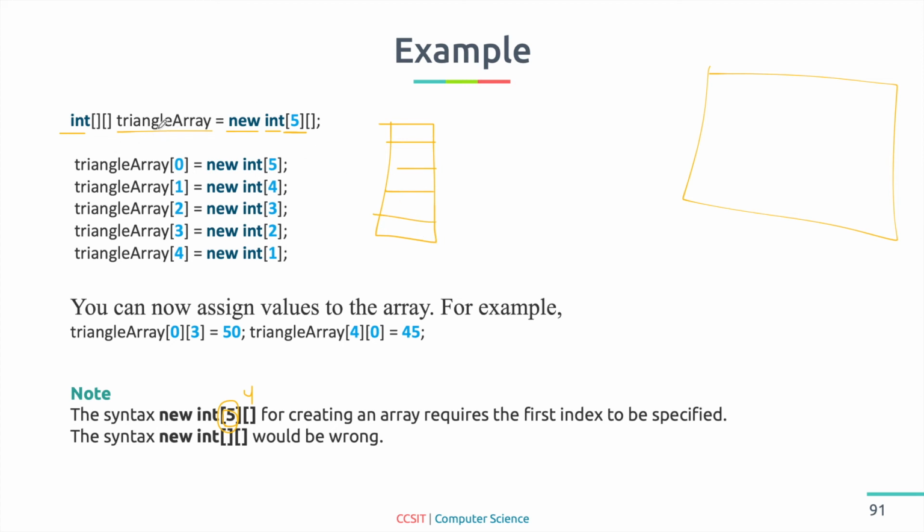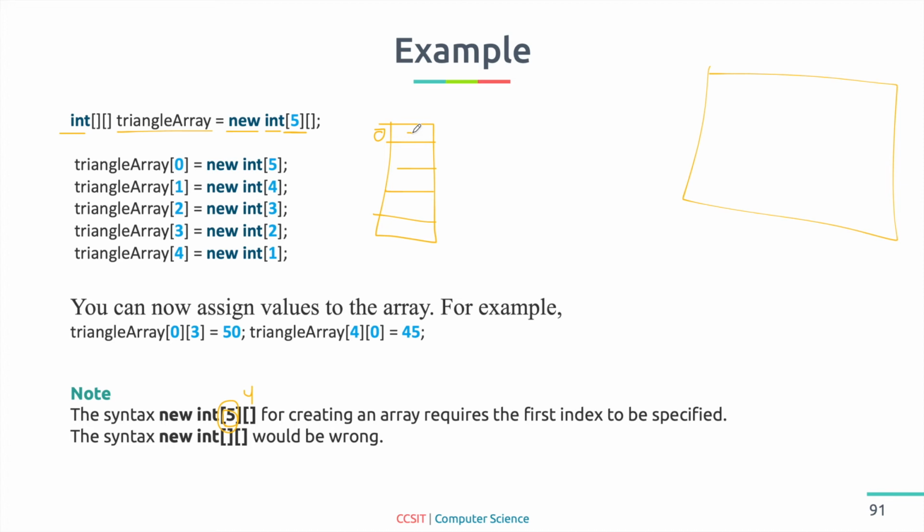And then what it actually does is that triangle array at index 0, which is this array, it will reference, now we're looking more into detail about how the memory looks for 2-dimensional arrays.